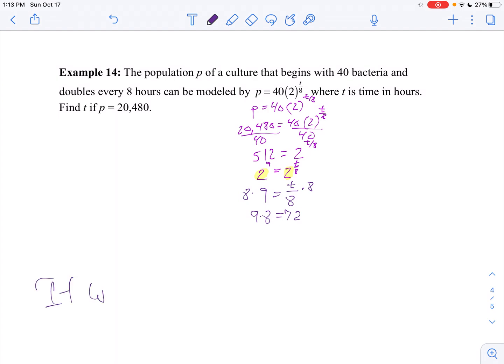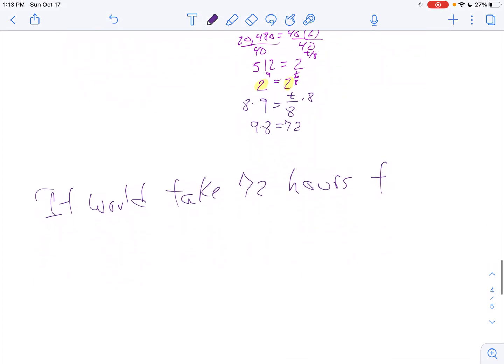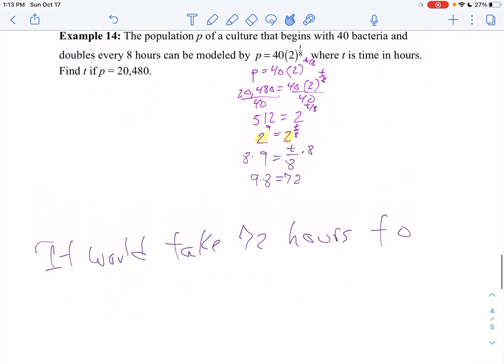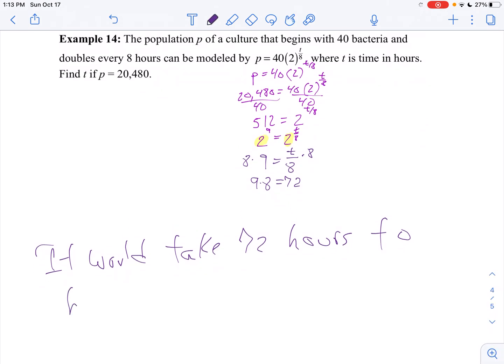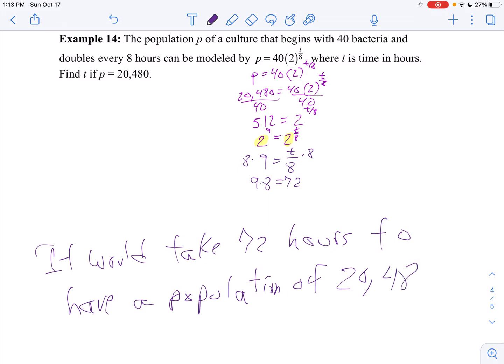And say it would take 72 hours to have a population of 20,480. And there we have it.